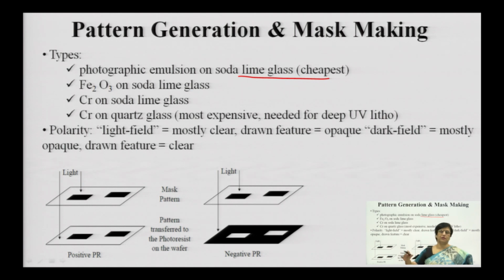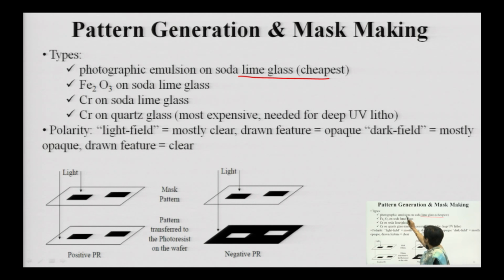Now, those masks can be defined, okay, you can have coating, you can have transparent areas and non-transparent areas, that is opaque areas. So, here you are designing the patterns through which this particular process is being done.